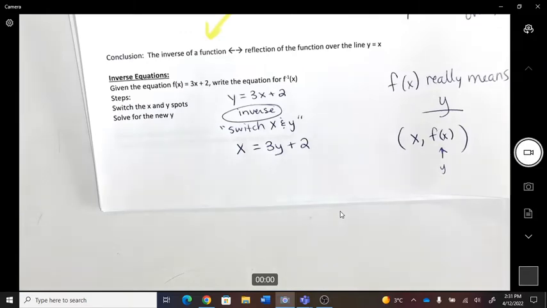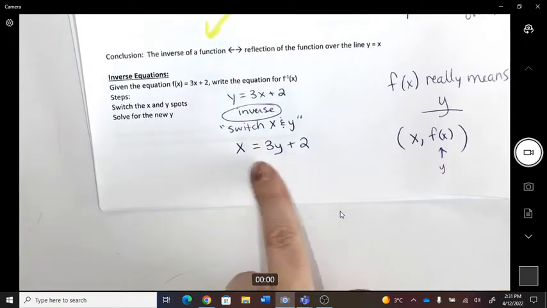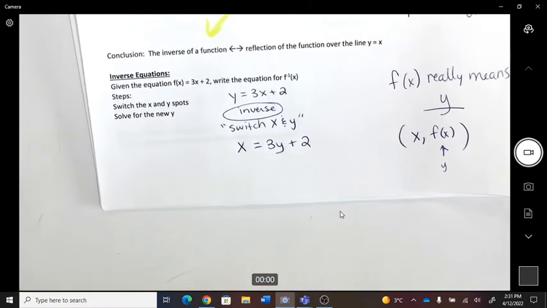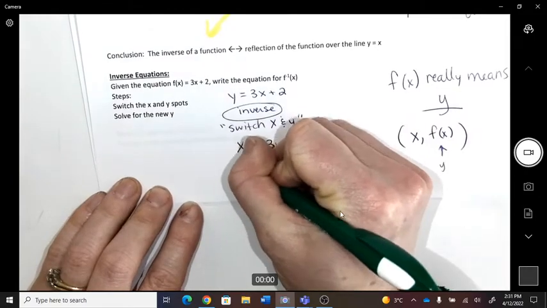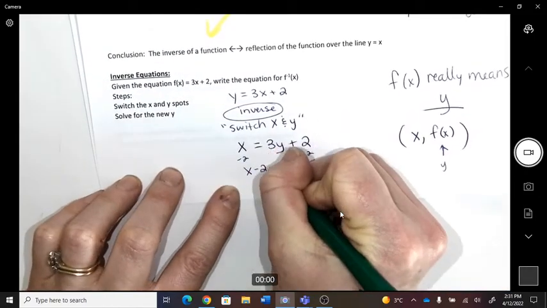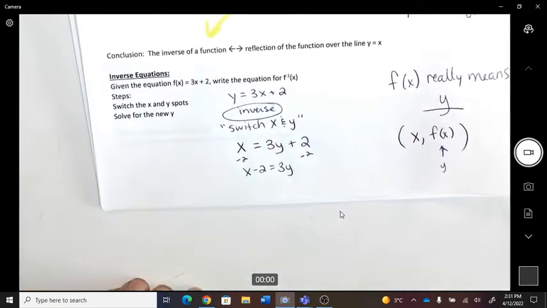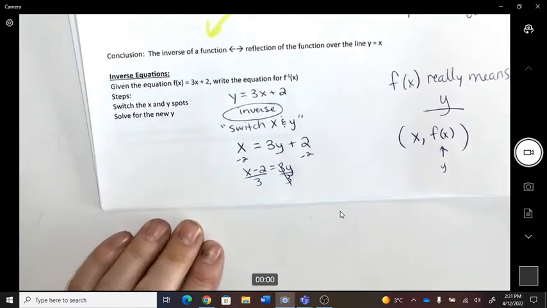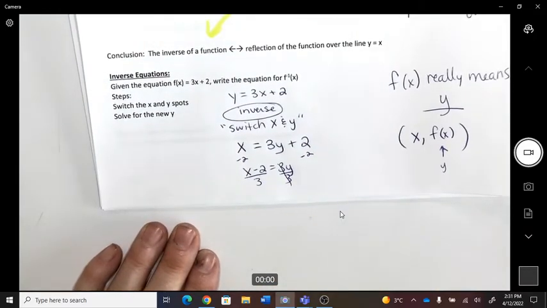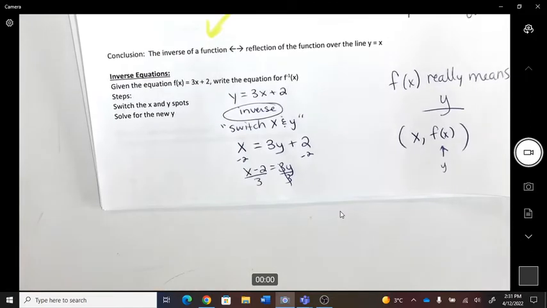Okay, now normally when we say functions, we would have y equals alone. So what kind of algebra can I do to get my y alone? Minus 2. And divide by 3. Okay, so now let's remember what the language was.